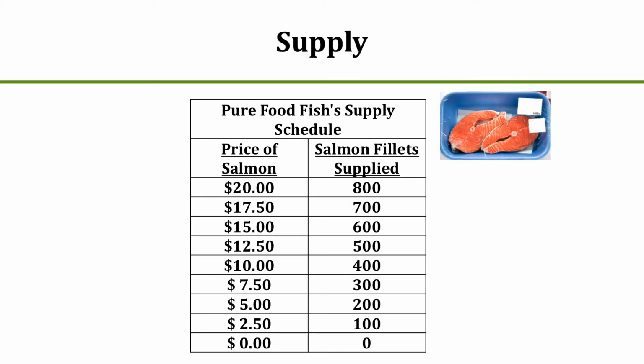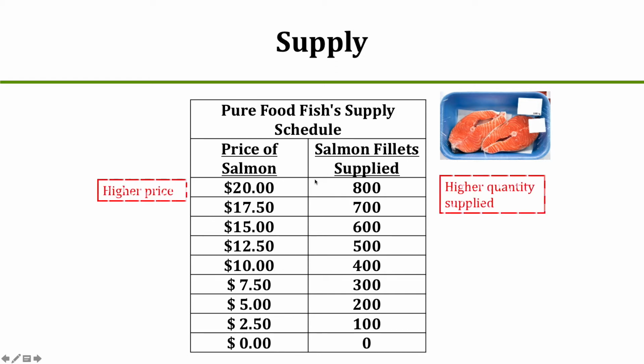Let's start with only a single firm, and the firm we are going to talk about right now is Pure Food Fish, and the good we want to care about right now is salmon fillet. As you can see, on the first column we have the price of salmon fillet, and the salmon fillet quantity supplied on the second column.